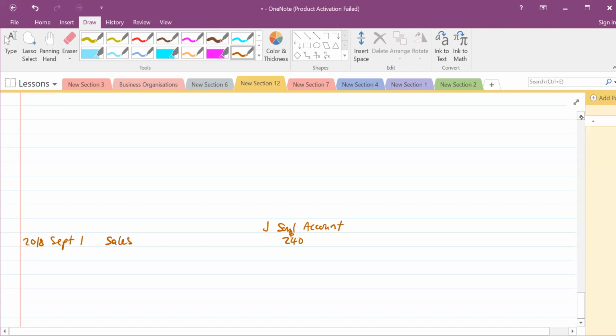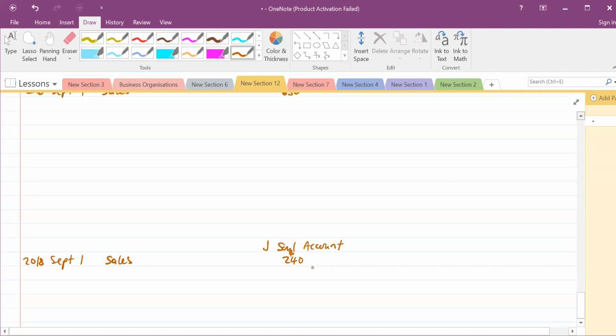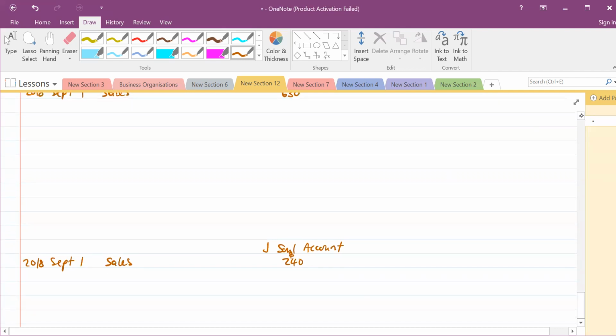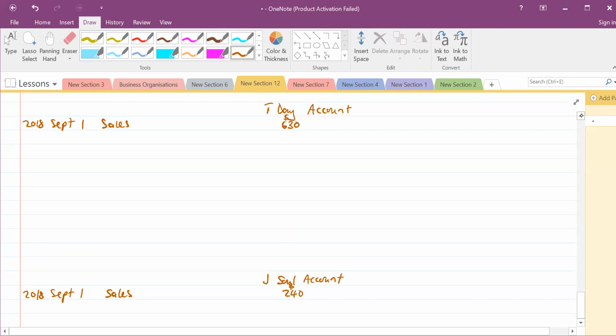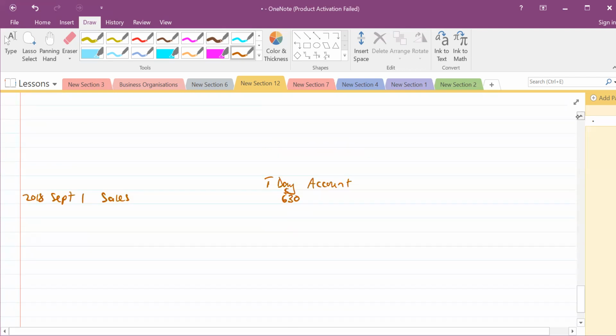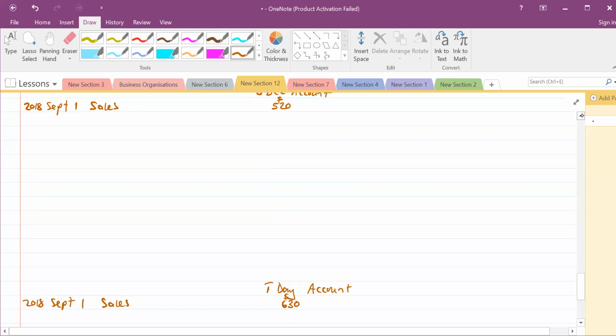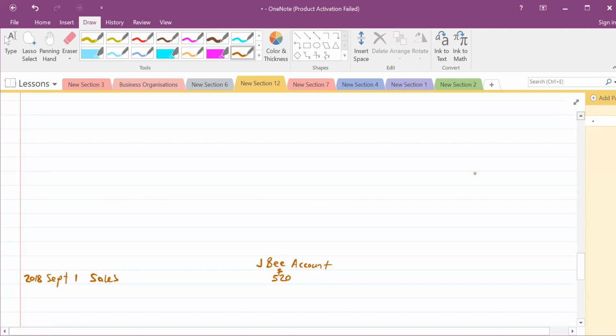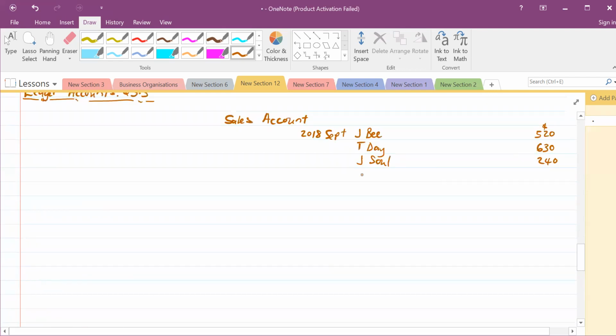For every debit entry, there should be a corresponding credit entry, and they are credited in the sales account. We move on to day 2, purchases on credit.